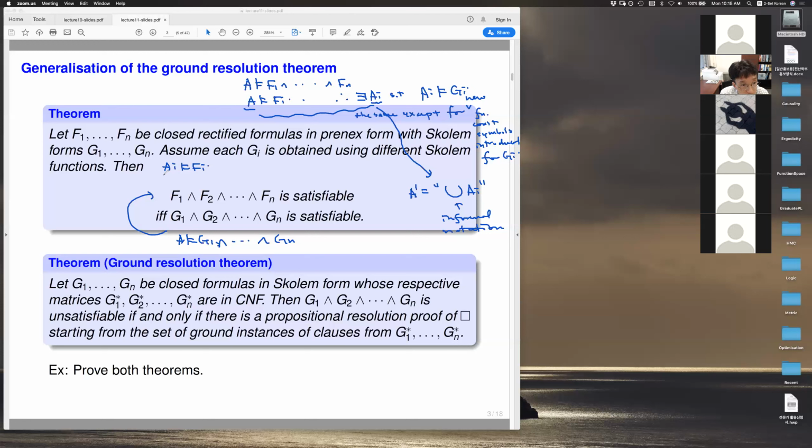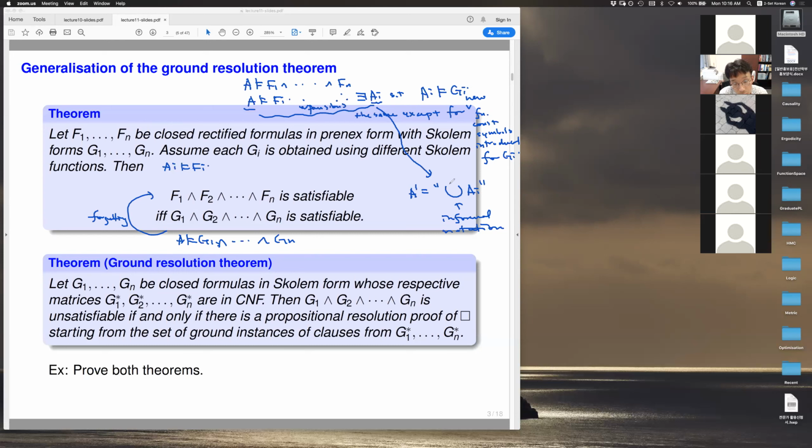So if you take all of these Ai, and just like here we take a union, we take an intersection of all of these, which means we just collect the common part of all these Ai, that will give a model that satisfies all of them. The key idea is that here we obtain by forgetting, and there we obtain by expansions.